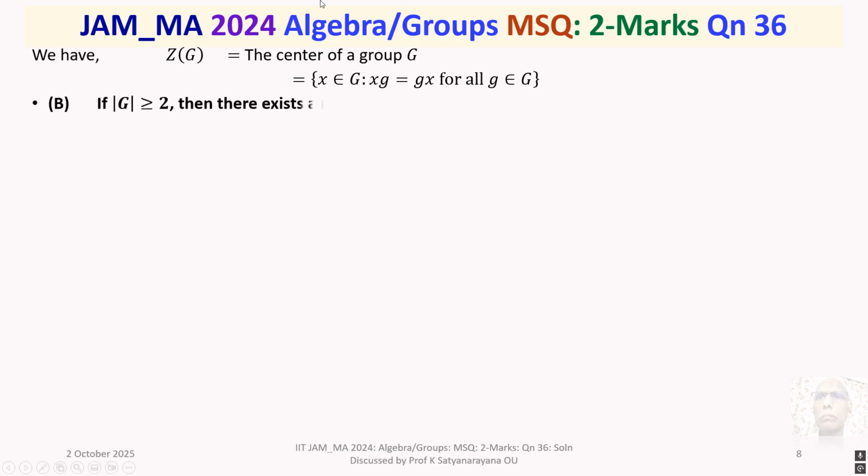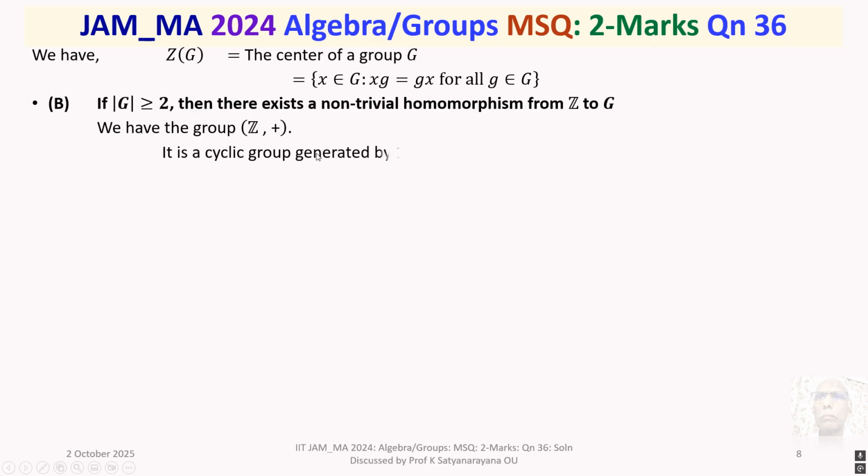We consider option B. If order of G is greater than or equal to 2, then there exists a non-trivial homomorphism from Z to G. Right. We have the additive group Z plus, and it is a cyclic group generated by 1, correct?